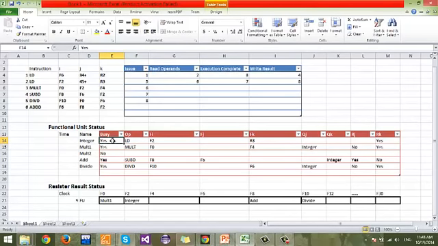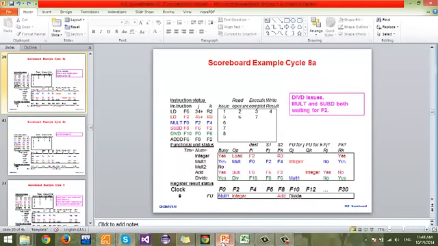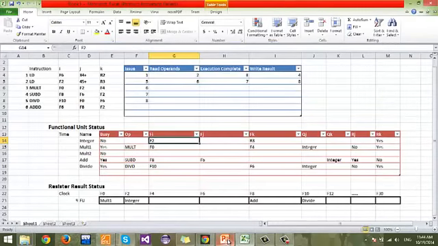So the integer unit has again become free or available for use at the end of clock cycle 8, and at the end of clock cycle 8 also, FJ, that means F2, is also ready. RJ has become yes.